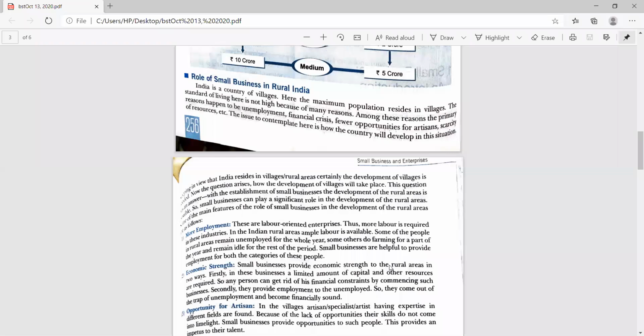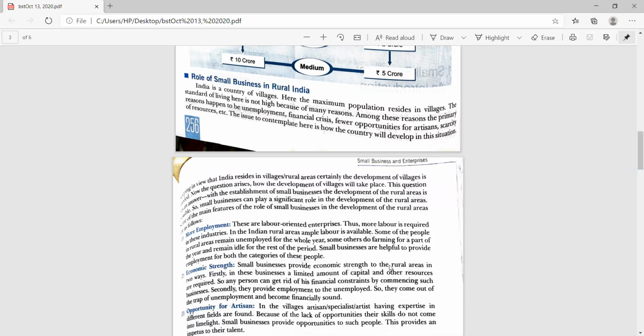The issue to contemplate here is how the country will develop in this situation. Keeping in view that India resides in the rural area, certainly the development of the villages is needed.